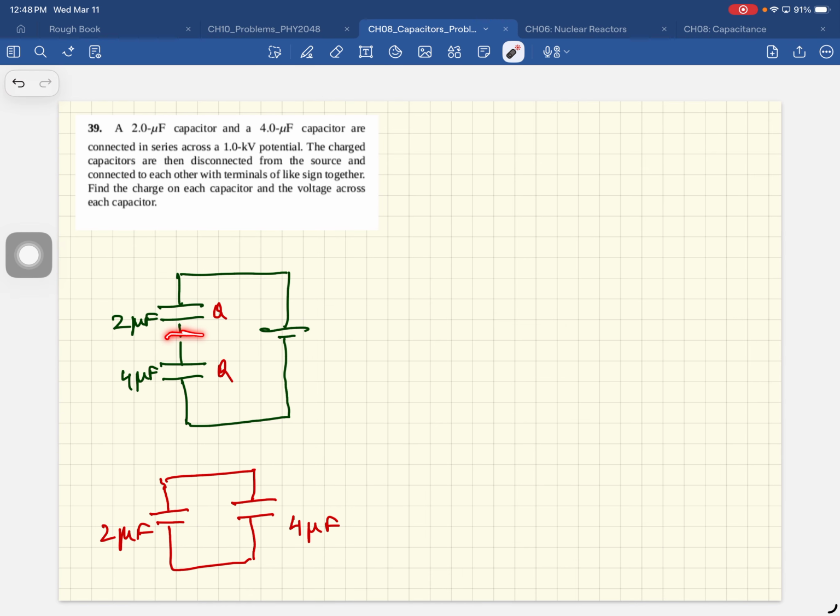And then when you disconnect them from here and reconnect them like this in parallel, charges redistribute such that now what is the same? When you connect like this, the voltages are the same. So let's say the charges now are Q1 and Q2. When you reconnect them, 2Q will be Q1 plus Q2.